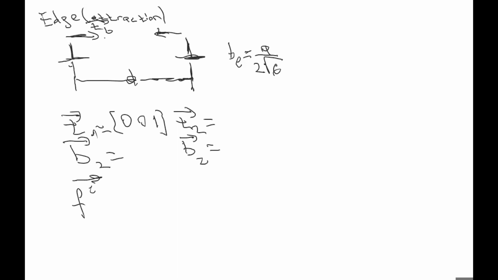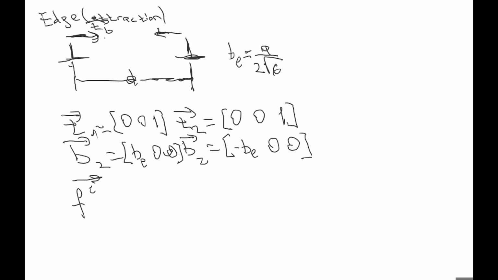The second tangent vector is same. Again, 0, 0, 1. And the Burgers vector is along X direction. We will have H Burgers vector 0, 0, then minus b a, 0, 0.